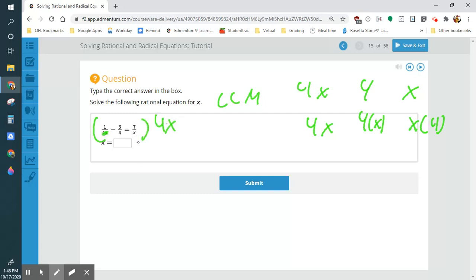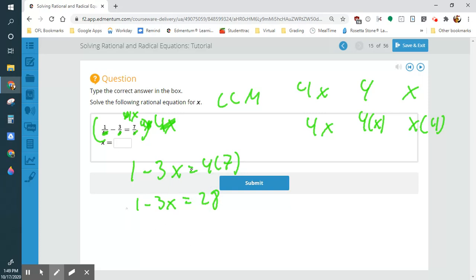Well, the 4x cancels out with the 4x, so we're just left with 1. 4x times this, the 4's cancel out, so I'm left with x, so I'm left with minus 3x. And if I do 4x times this, the x cancels out with the x here, so I'm left with 4 times 7. This one wasn't as obvious, so I just left it there in parentheses, and it's easy to simplify. You guys could simplify it yourselves. So 4 times 7 is 28.